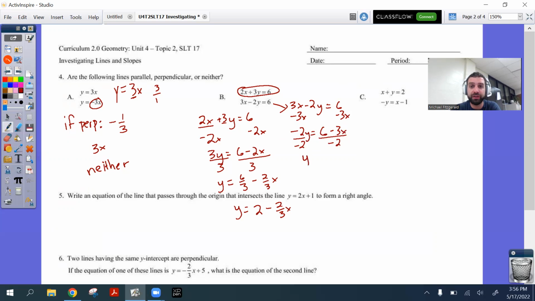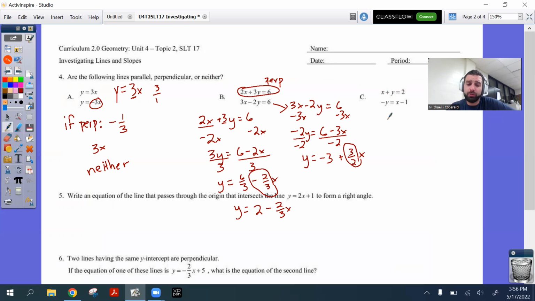So this gives us y is equal to, well, 6 divided by negative 2 is negative 3. And then let's see. Negative 3x divided by negative 2. Well, these two negatives will cancel. So we'll get a plus 3/2 x. So we're comparing a 3/2 to a negative 2/3. That is exactly an opposite reciprocal. Those are perpendicular. These are perpendicular.